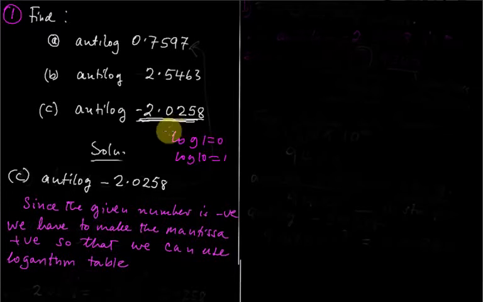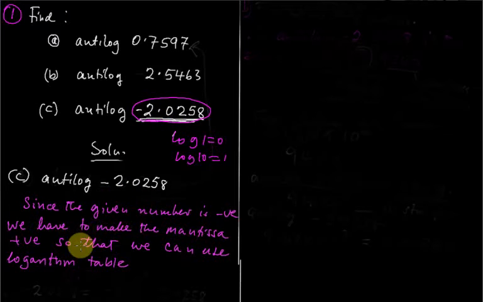Since the given number is negative, we have to make the mantissa positive, because the logarithm table cannot give us any value of negative mantissa. So we make the mantissa positive and the characteristic remains negative, which will be represented as bar.